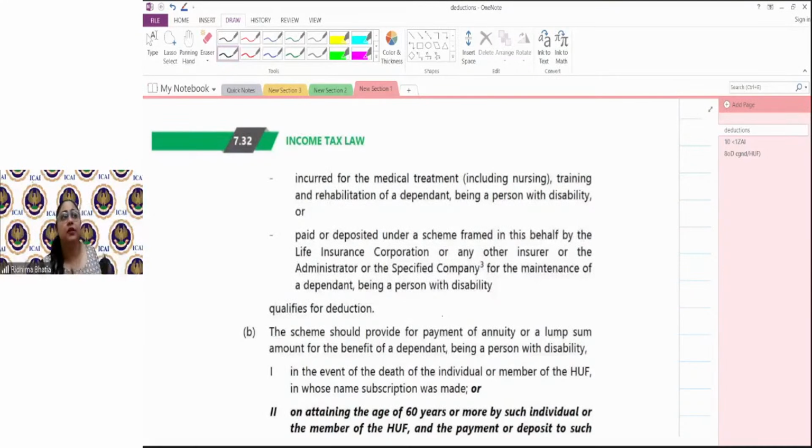So here, the deduction is not for the dependent disabled. I'm repeating again and again.